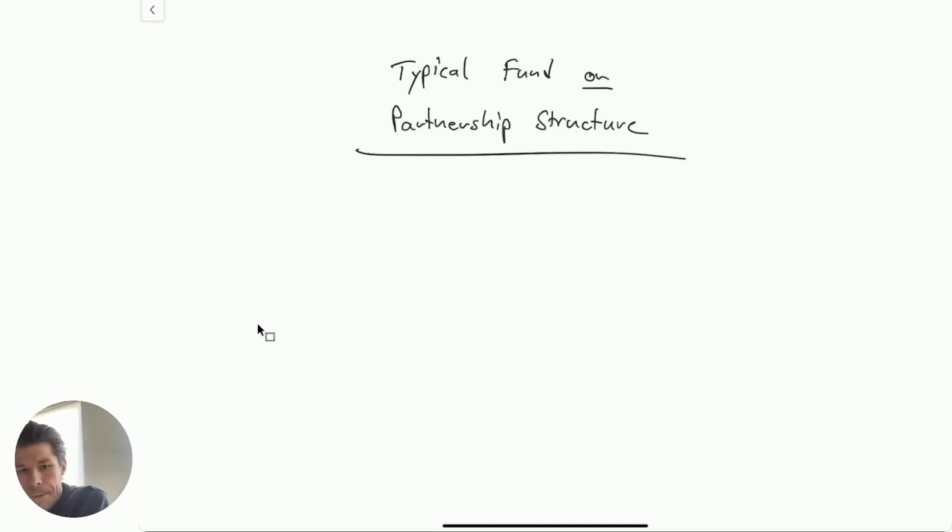So what is happening? You have one fund manager. Fund manager, that's an organization who is basically managing the fund, coordinating, administrating the fund, which is also called general partner, GP.